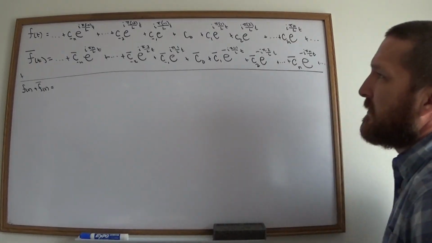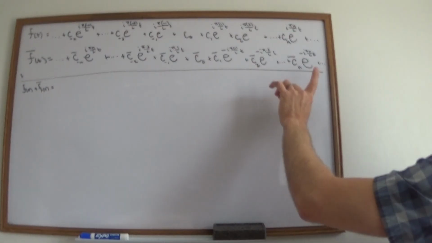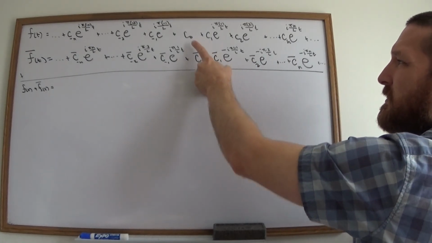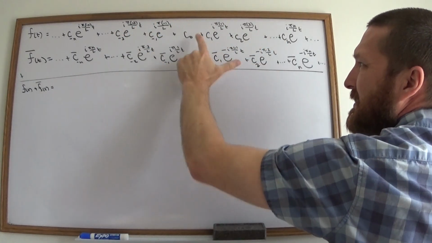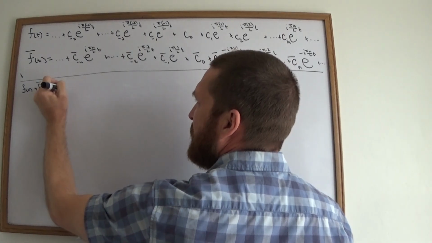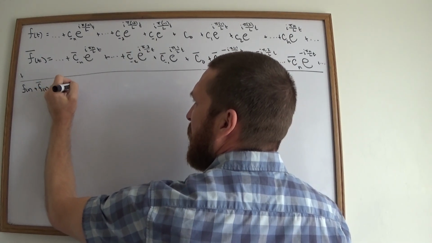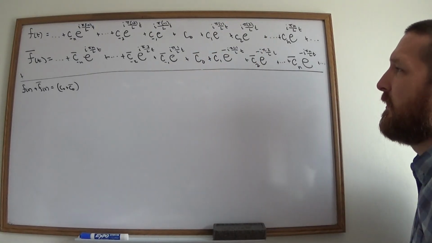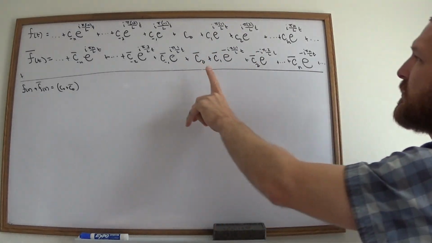Now let's see if we can make this a little bit simpler here. I notice right away, and actually I'm going to start with this, there's no e's in the C0 and the other one. So C0 plus its conjugate right here, I'm just going to put that together. Now I notice something interesting.